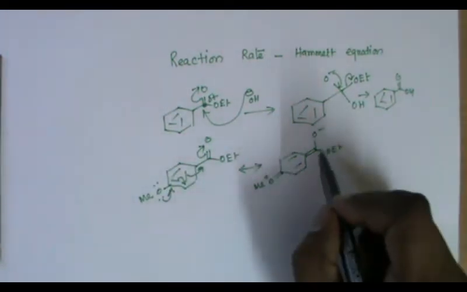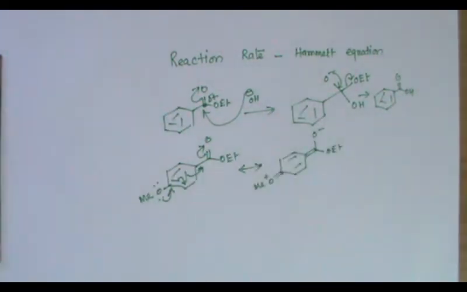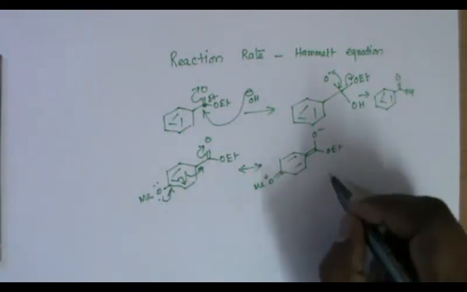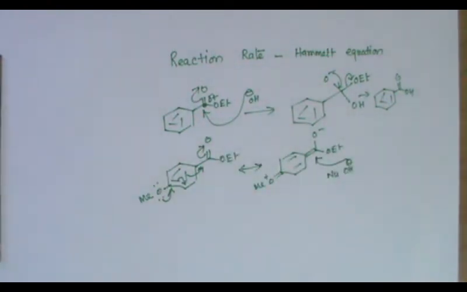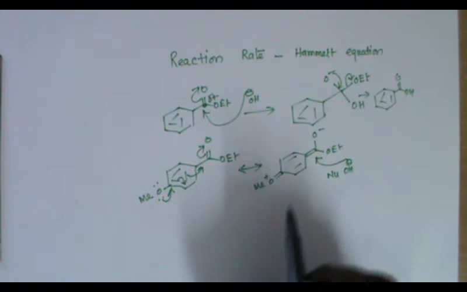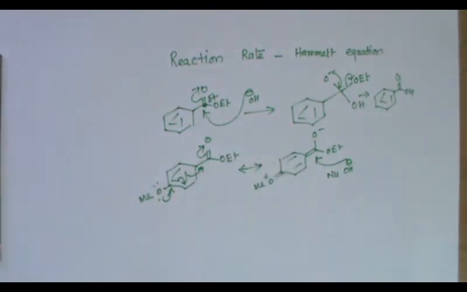So now there is more electron density on this. So the nucleophile, that is OH minus here, will not attack this easily compared to this. So the rate of this reaction will be somewhat less.